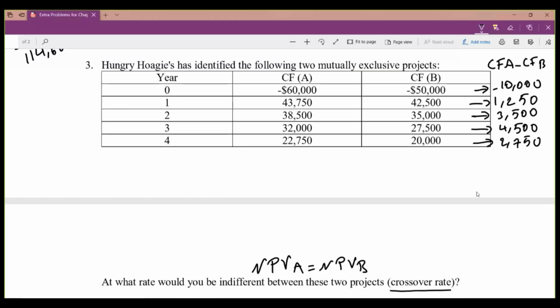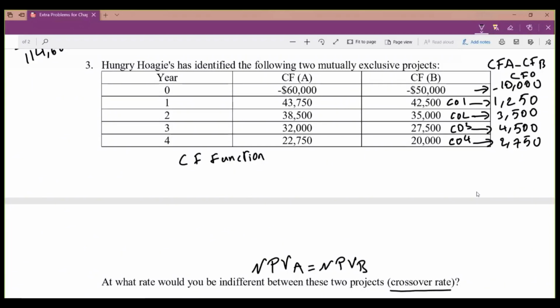After that, I need to find the internal rate of return of those incremental cash flows. So using the cash flow function on my financial calculator, I enter those values. This is CF0, the minus 10,000. Then I enter C01, C02, C03, and C04.